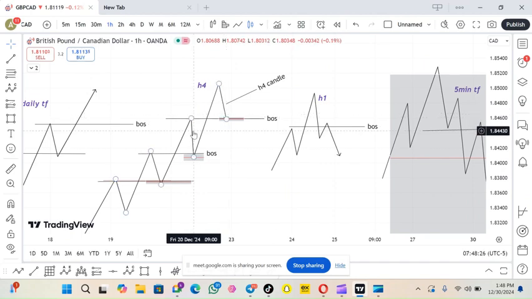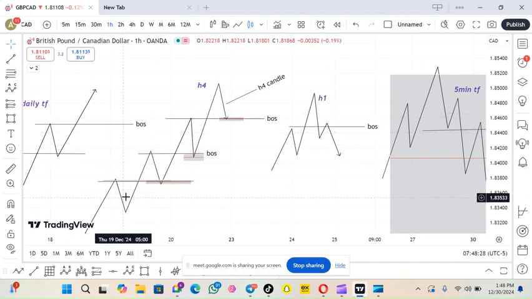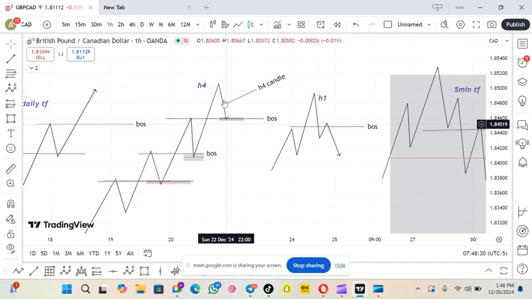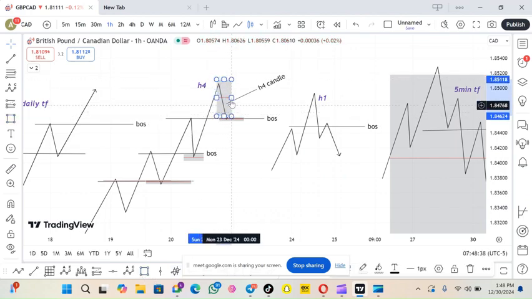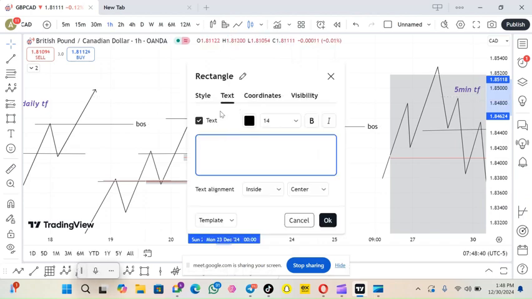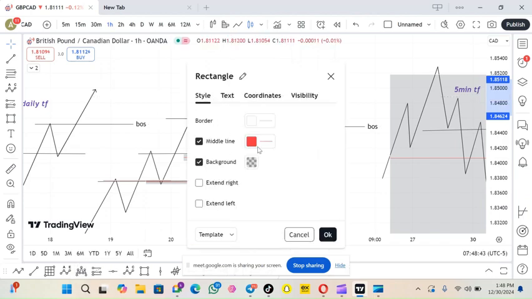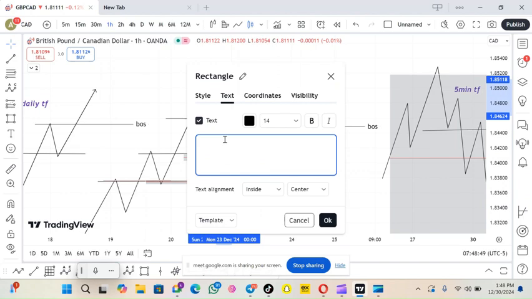Just like this candle, just like this candle, this candle. So these are 4 hours candle movement. Now, this move that happened in 4 hours, this is a 4 hours move. For the H4 move, let me put it in terms that you understand well.